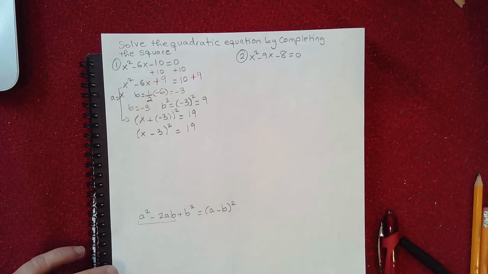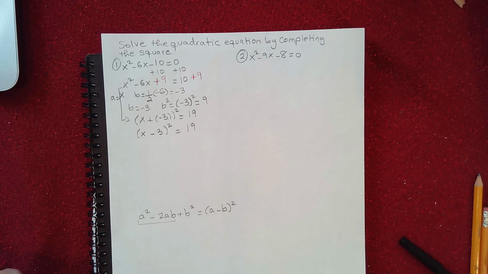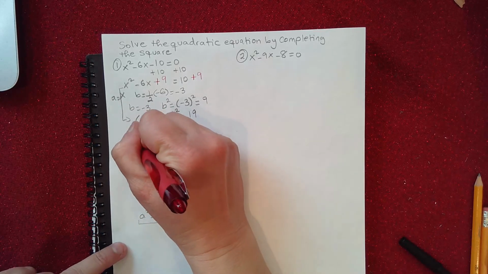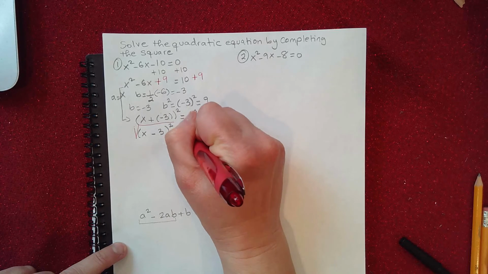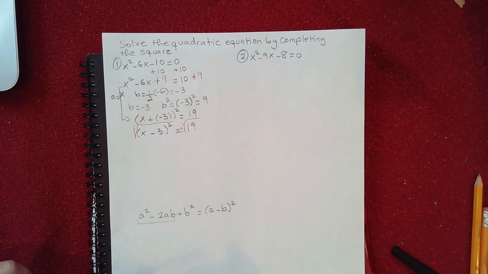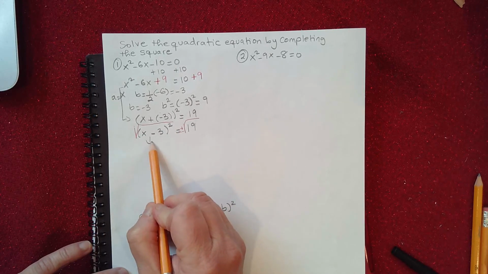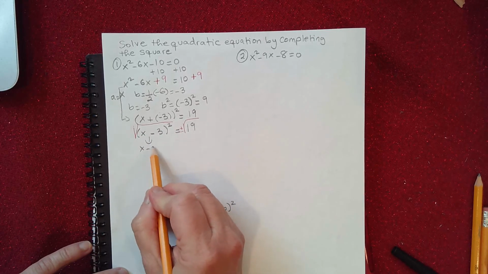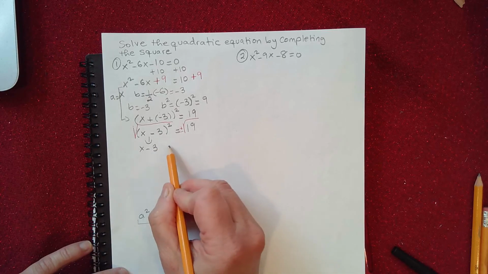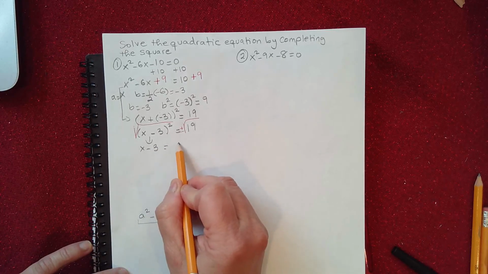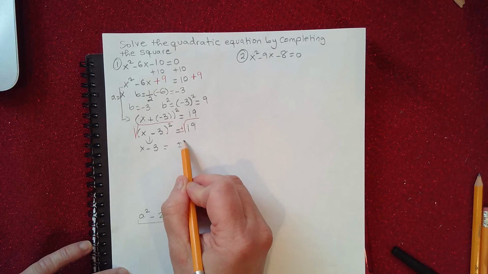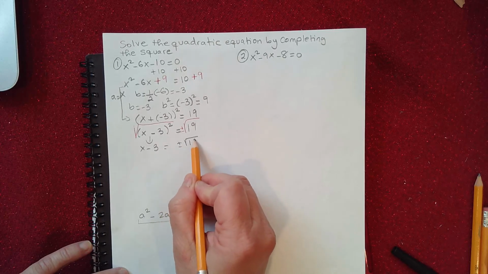Now we can solve by using the square root property. We take the square root on both sides, and that would be plus or minus. The square and the square root cancel each other, and what comes out is x minus 3 equal to plus or minus the square root of 19. This does not simplify, so we leave it as 19.